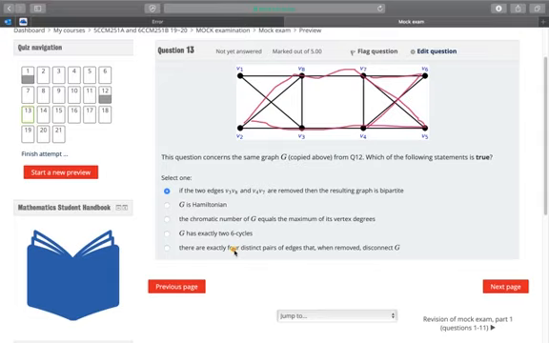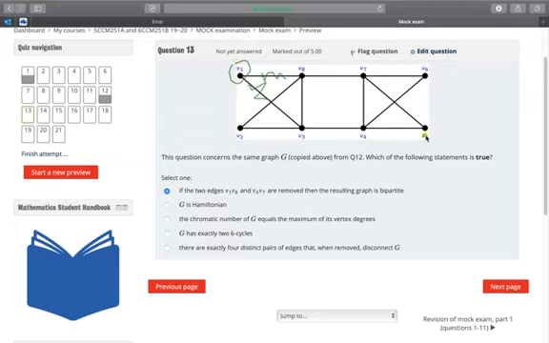4 distinct pairs of edges which when removed disconnect G. Well, that's also wrong because in fact, if I get rid of these 2 edges here, I've isolated this vertex, so that will give me a disconnected graph. But then there are 4 such vertices I could isolate.